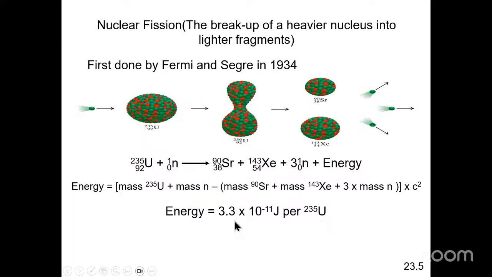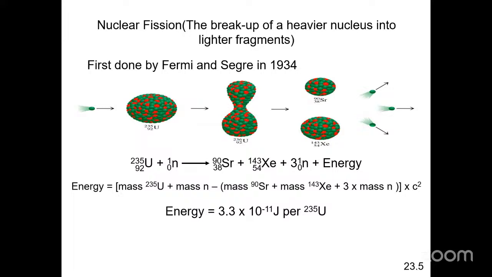Now that might be small, but that's for each nucleus, right? So if you extend that to 1 mole, let's say, which would be equal to 235 grams, multiplied by 3.3 times 10 to the minus 11, let me do this again. I forgot to factor in Avogadro's number.